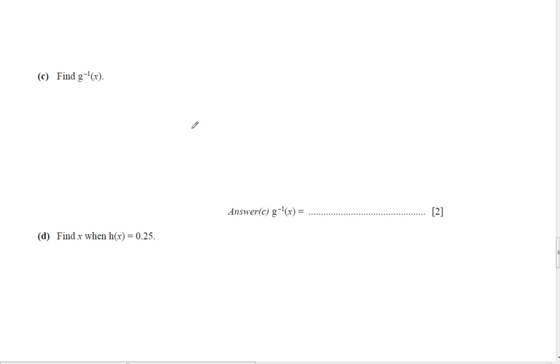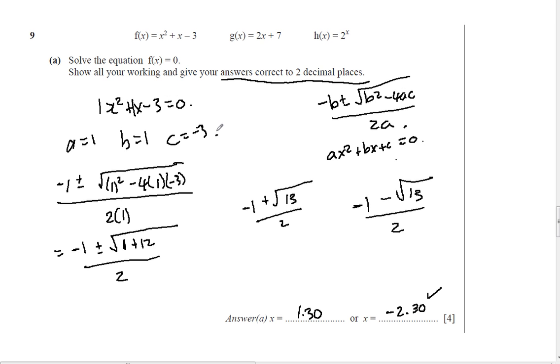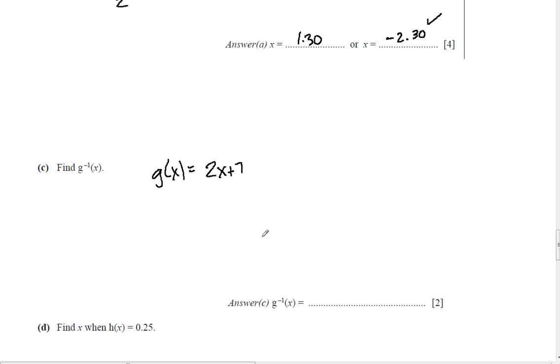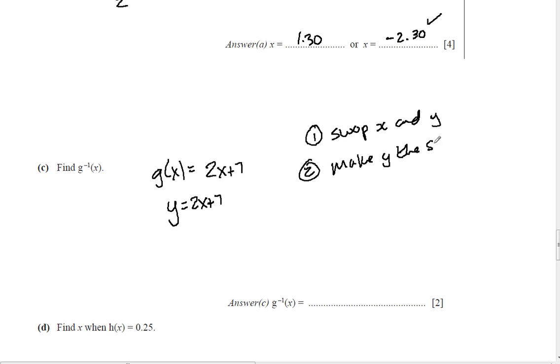Find the inverse of g of x. So g of x is equal to 2x plus 7. Now remember, g of x is another way of saying y. It's just a different notation. So when you get an inverse, you swap x and y, and then you make y the subject.